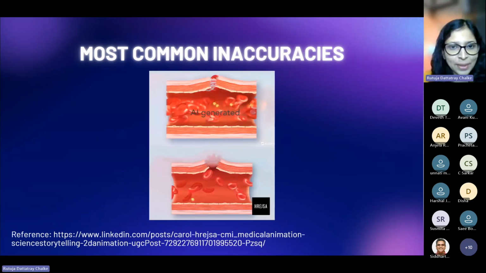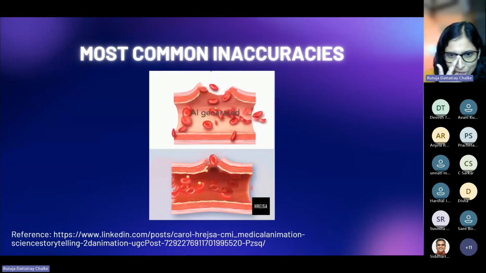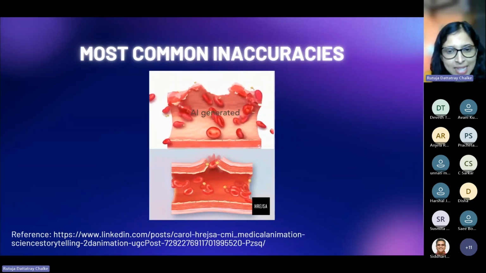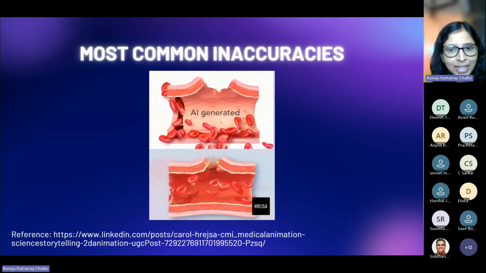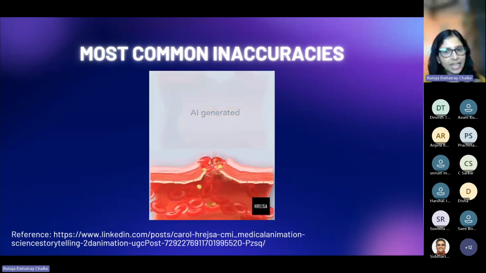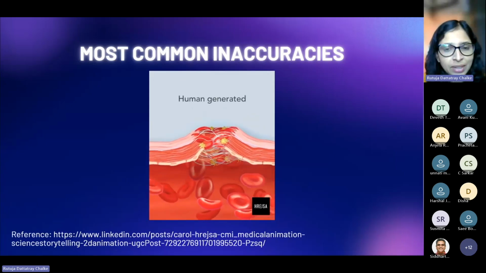Here's another example of the blood flow in veins, which is created using AI tools and the ones created by humans. So have a look at it and let me know what you think is going on and which one you think appears to be scientifically accurate.